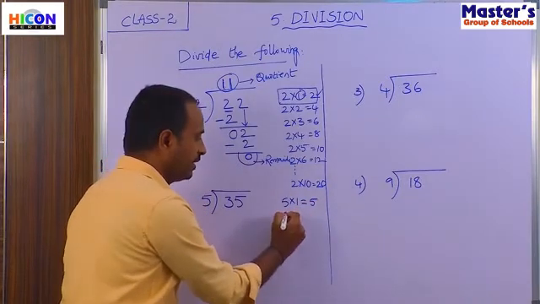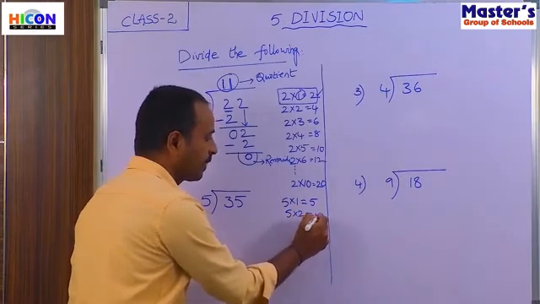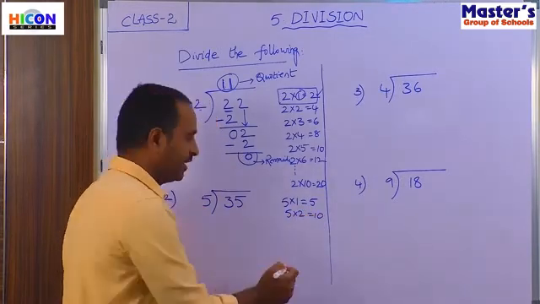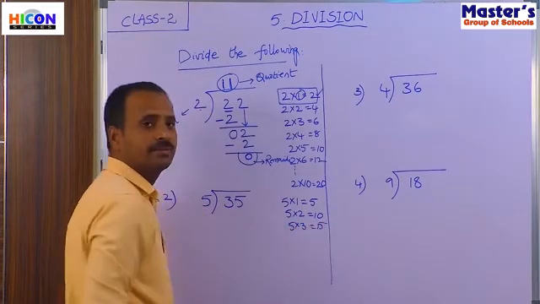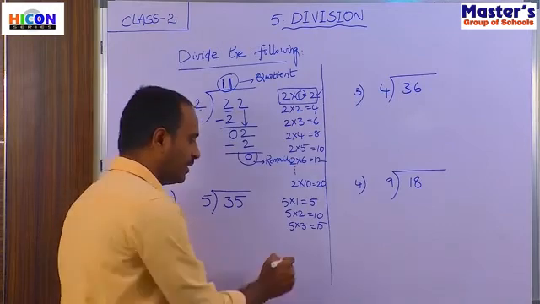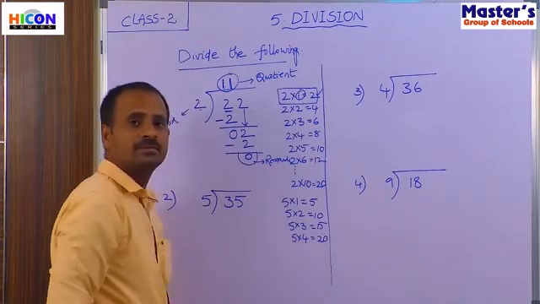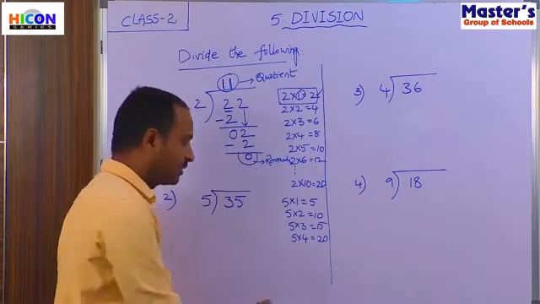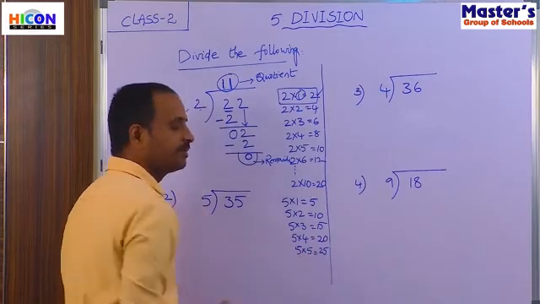Take 2 times, 5 twos are 10. Take 3 times, 5 threes are 15. Next take 4 times, 5 fours are 20. Take 5 times, 5 fives are 25.